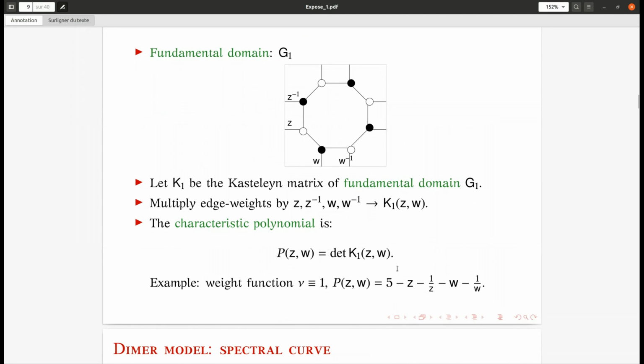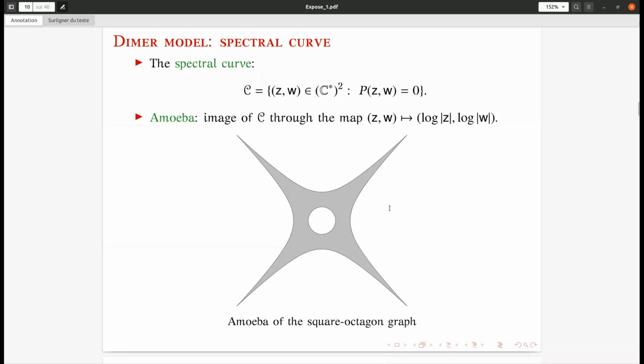The zero locus of this characteristic polynomial defines a curve, and when you consider the amoeba, this is what you get. You should think of the amoeba as being a kind of projection of the curve in a two-dimensional space. And so the gray part is the actual projection, and the white is empty.